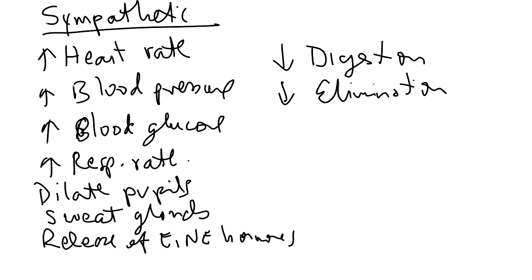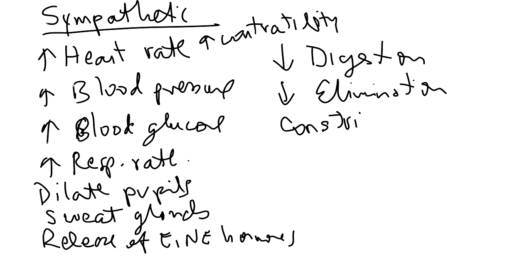Okay. When it comes to heart rate, it not only increases the heart rate, but increases contractility. So it not only makes the heart beat faster, but the contraction will be stronger. Oh, one last thing. It's going to constrict blood vessels, and that's why blood pressure is going to increase.